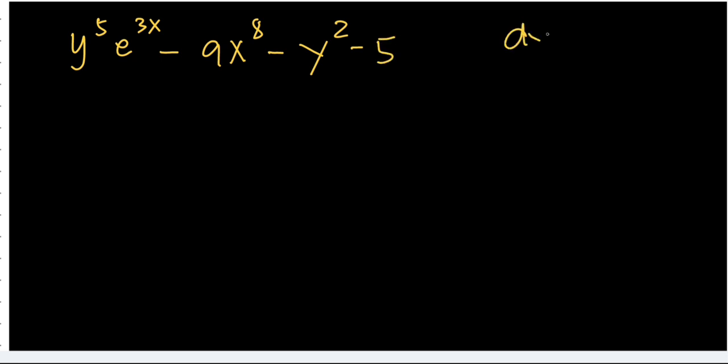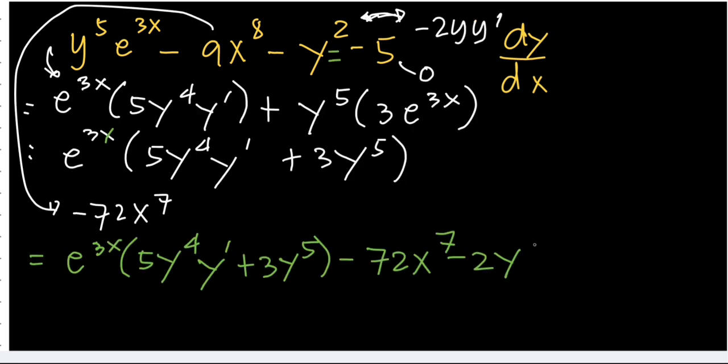Alright. Find the derivative of y with respect to x, where y to the fifth e to the 3x minus 9x to the 8 minus y squared equals minus 5. We're asked for dy over dx. And then we factor out y prime.